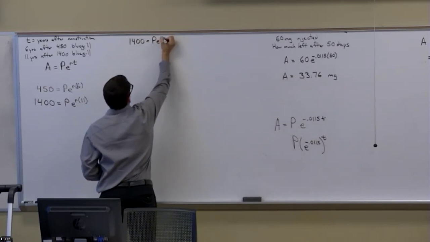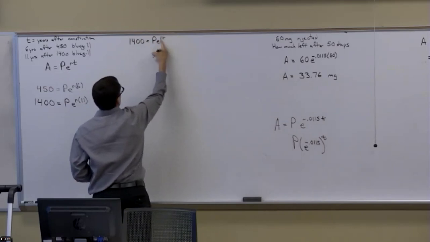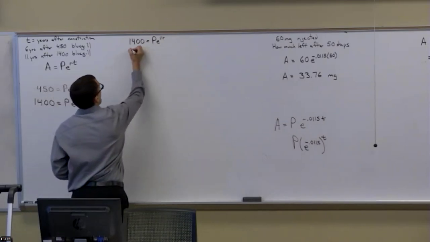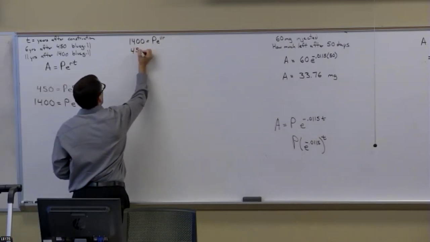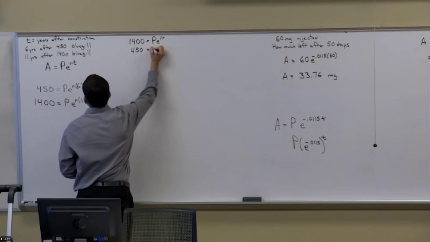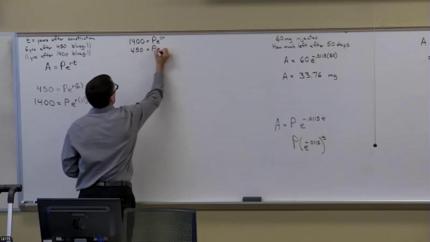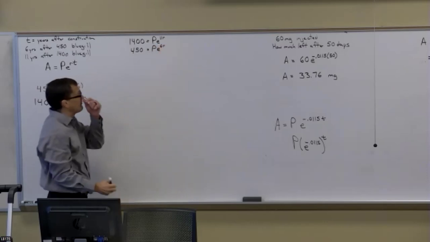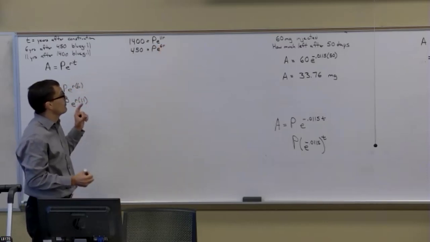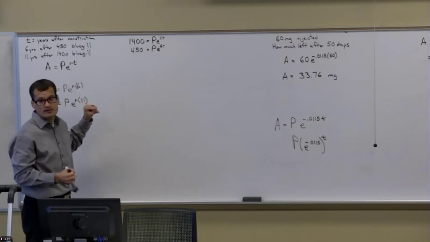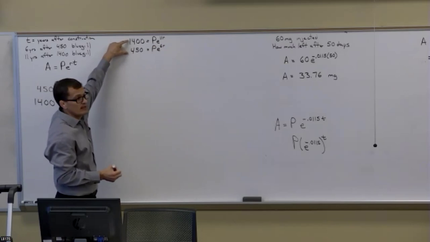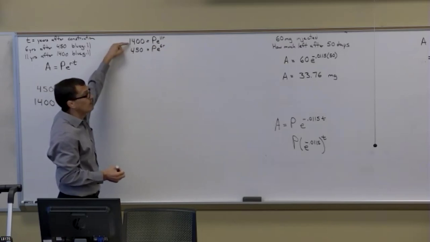I like using the one with the larger coefficient on the R. And since these two equations both have a P and an R, the way to solve them is to divide. Take 1,400 divided by 450.